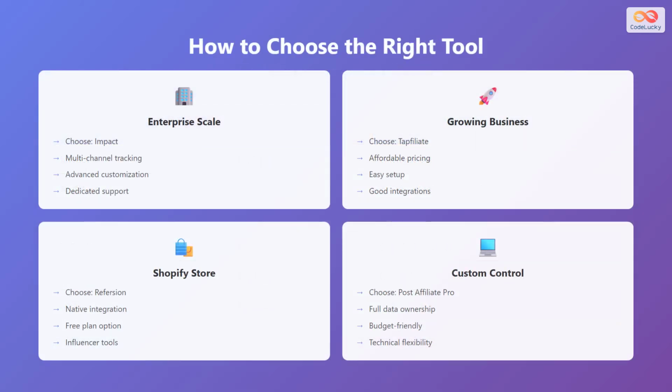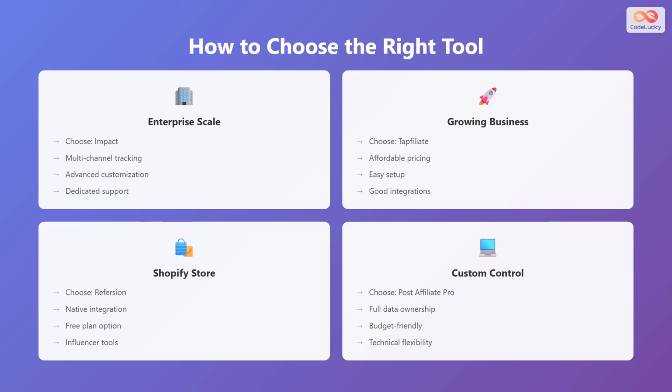Choosing the right tool depends on your business scale and specific needs. If you run an enterprise with multiple channels, choose Impact. You'll get multi-channel tracking, advanced customization options, and dedicated support for your large team. If you're a growing business, Tapfiliate offers affordable pricing, easy setup, and good integrations with major platforms. If you own a Shopify store, Refersion is your best choice with native integration, free plans, and influencer management tools.